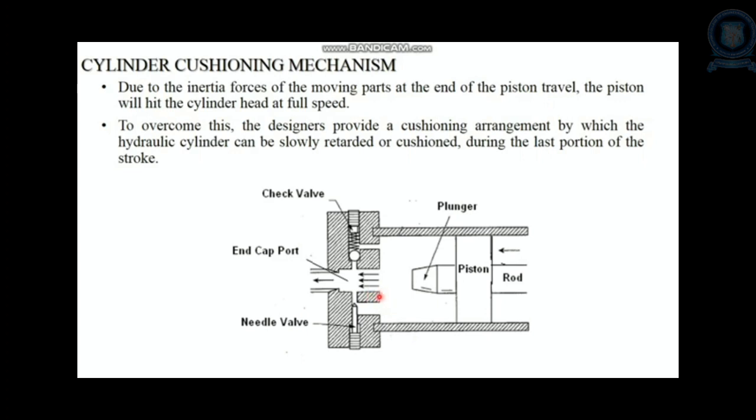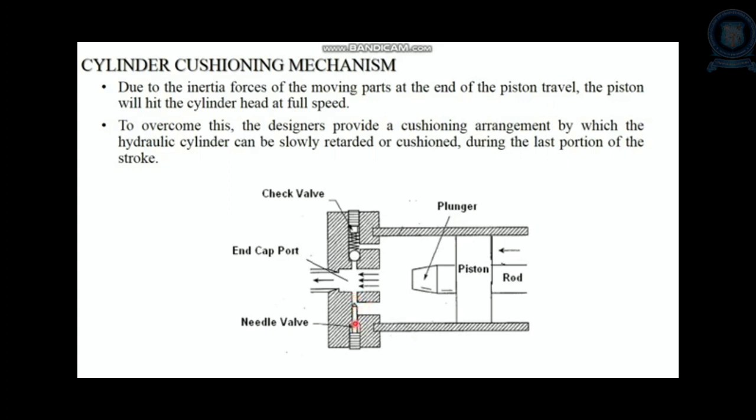When the piston reaches the cylinder head, the plunger enters into the end cap port. So the fluid passage will be blocked. The fluid cannot enter through this end cap port. So the fluid can enter only through this needle valve.